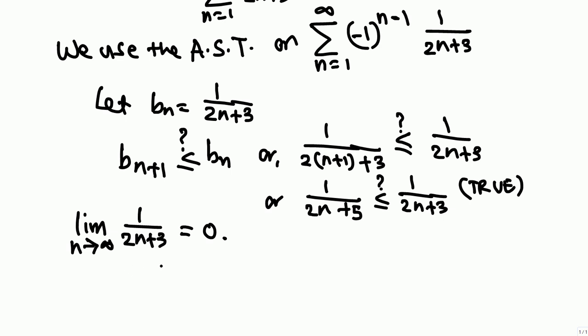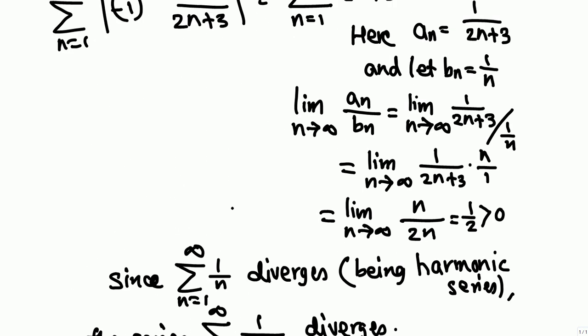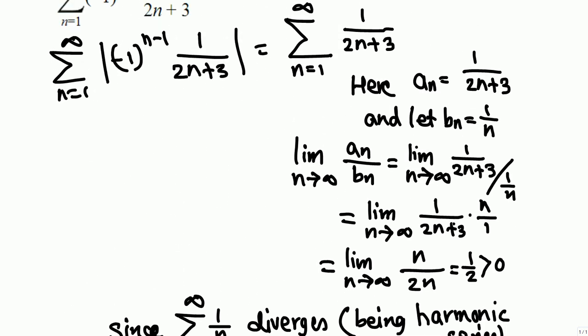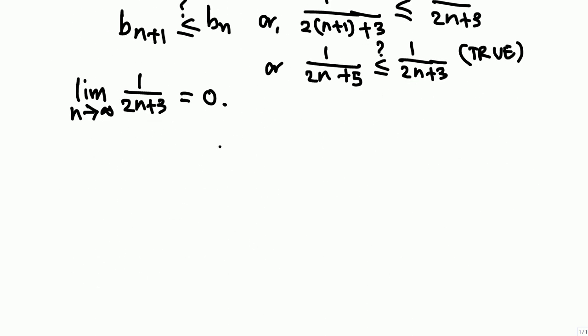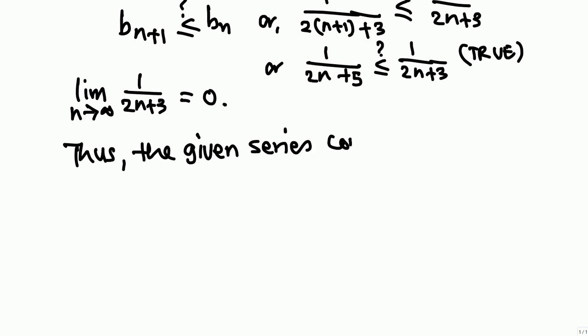The original series converges, but when we take the absolute value, it diverges. So the series converges conditionally, not absolutely. Thus, the given series converges conditionally.